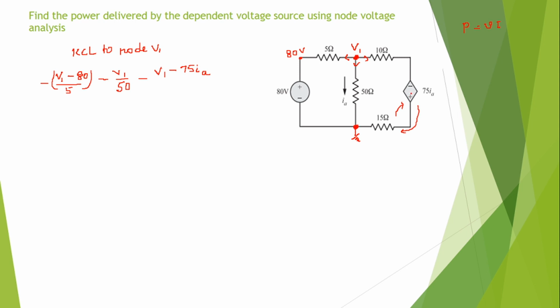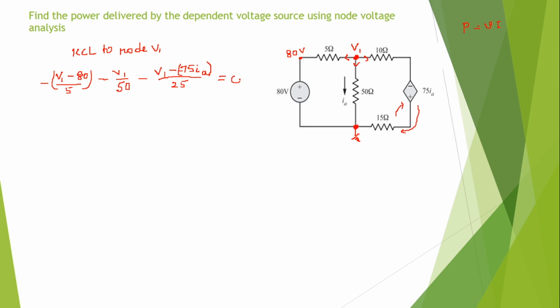With respect to the reference, this is plus to minus, so it is V1 minus 75 IA. This is the total potential difference across the passive elements, divided by 25, because the 10 ohm and 15 ohm are in series. So the KCL equation is minus (V1 minus 80) by 5, minus V1 by 50, minus (V1 minus 75 IA) divided by 25, equal to 0.